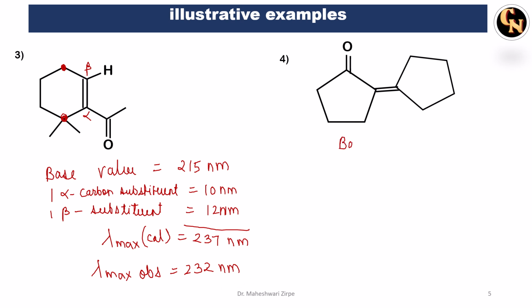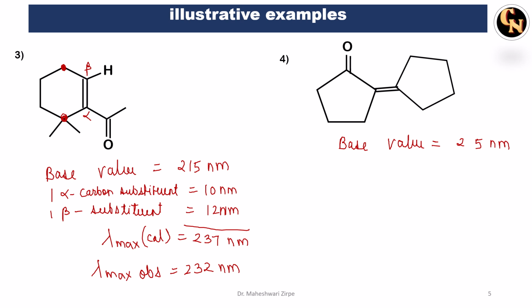Now your base value remains the same, that is 215 nanometer, correct? Then what else do we have to do? Here one mistake we have made is that the Enone system is in a 5-membered ring, so you have to remember that.